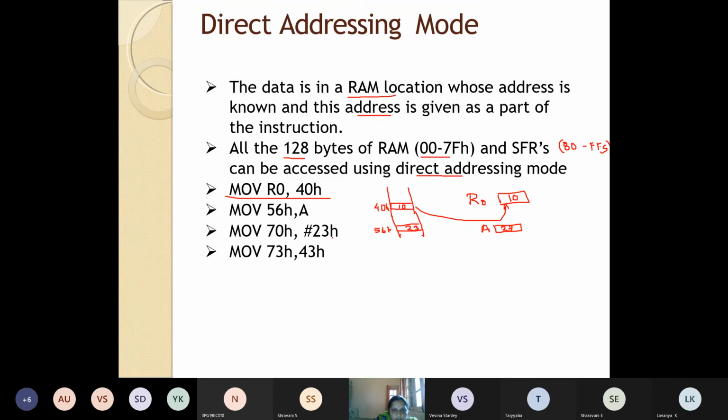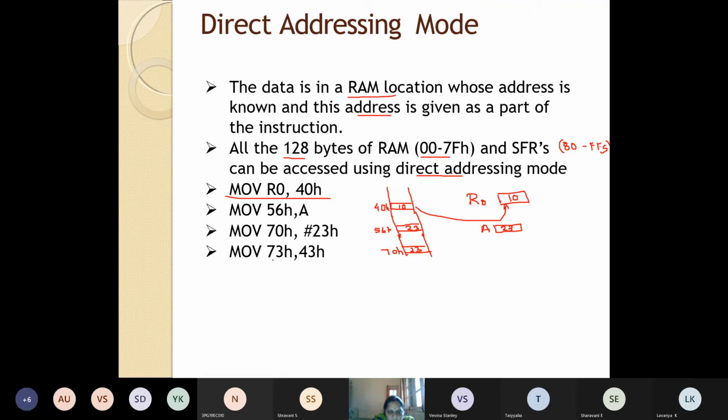In the memory location 70H, which is 70 in hexadecimal, the value 23 gets loaded. Got it?